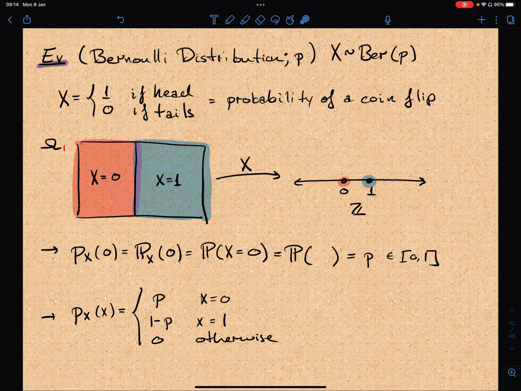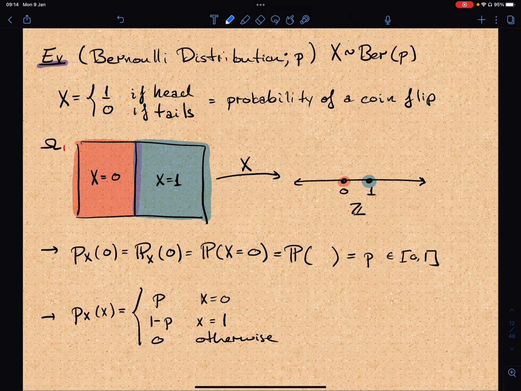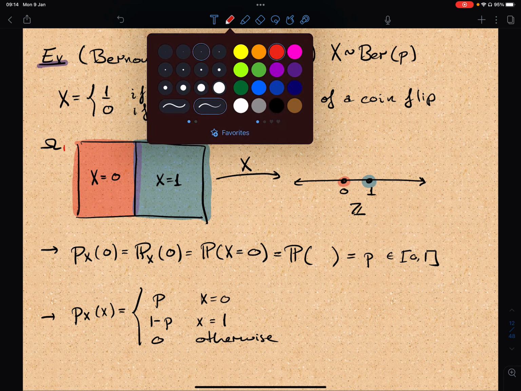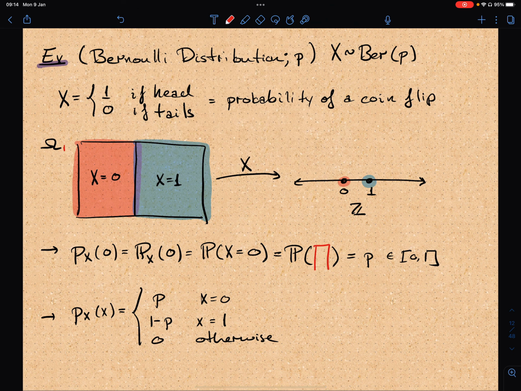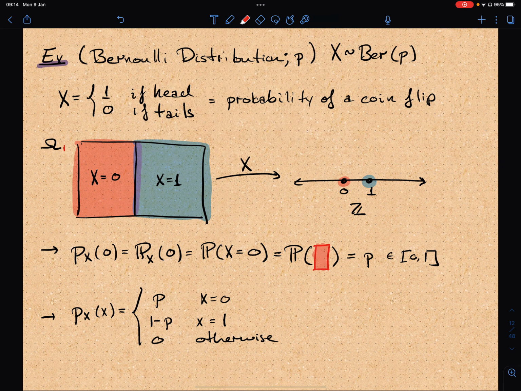Omega could really literally be anything. When you flip a coin, it could be all the things that can influence the coin flip.